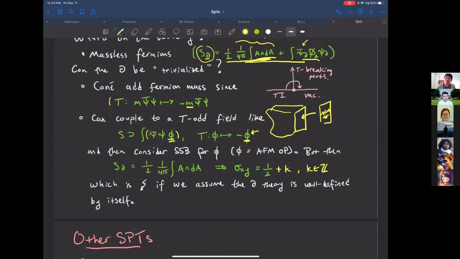And the statement there is that when you do the regularization with Pauli-Villars or whatever, then if you don't explicitly break time reversal symmetry, the total Hall conductance should be a half integer. Well, it should be a half integer coming from this plus an integer coming from the regulator.